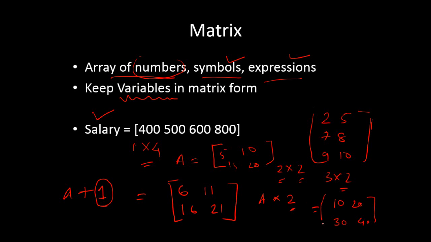So 2 gets multiplied to all the elements of the matrix A. Similarly, we can subtract and we can also divide, and it gets divided or subtracted from all the elements present in this matrix. So that's the beautiful nature of a matrix, that within one operation we can actually act upon all the elements of the matrix. That's the beauty of using a matrix for handling your data.